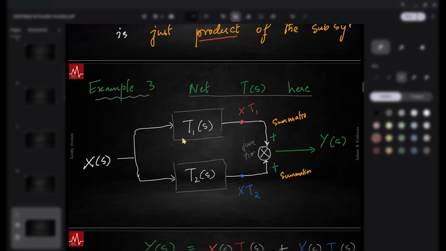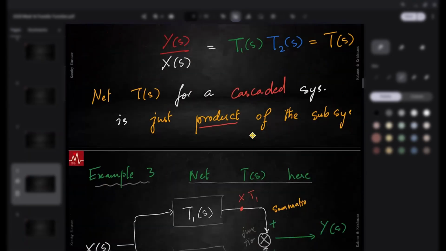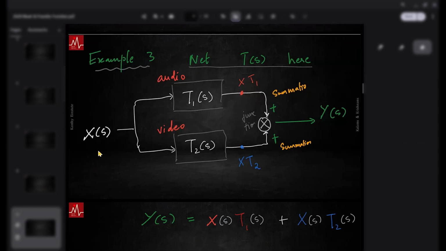A good example of open loop is here: you're getting audio from this side and screen share video from this side. Things are getting summed up, two different sensors, same input. I am the same person, Dr. J. Audio through one device, video through another, getting added up and shown to you. So literally anything you see can be modeled in this engineering way.